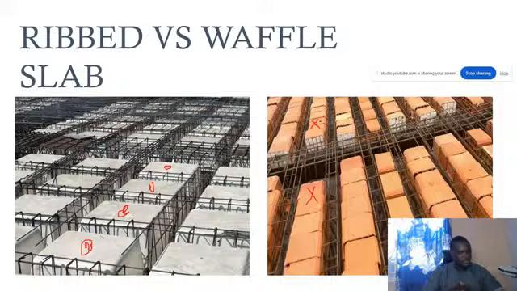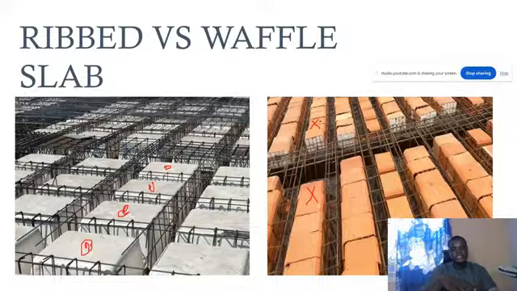And then as a final comparison, rib slab carries lighter live load and, based on the recommendation, is usually used for moderate to light live load. But waffle slab can be used for heavy live load. Like I mentioned in the previous slide, based on theory, it is recommended when the live load is at least 5 kilonewton per meter squared.